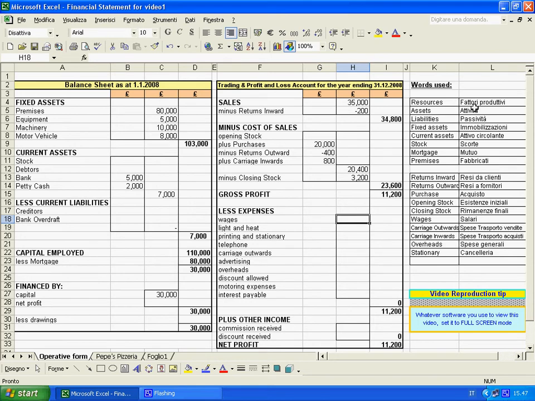We have £3,000 for wages, £400 for light and heat, 300 for stationery.